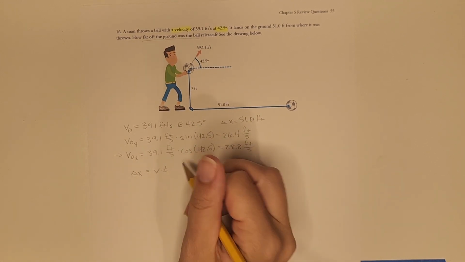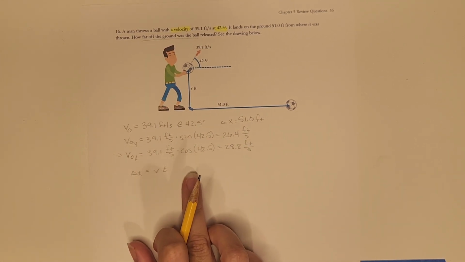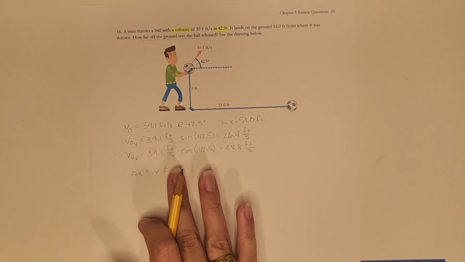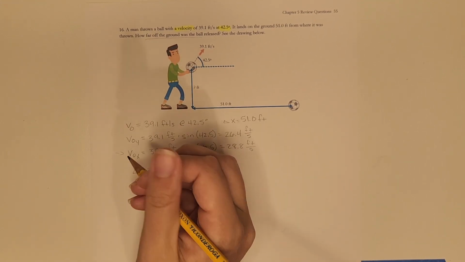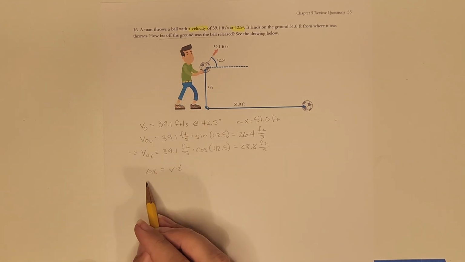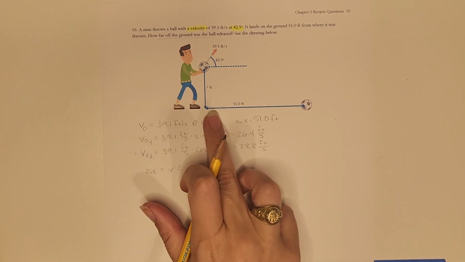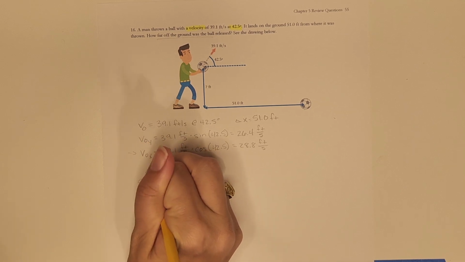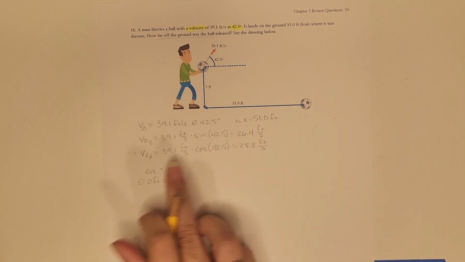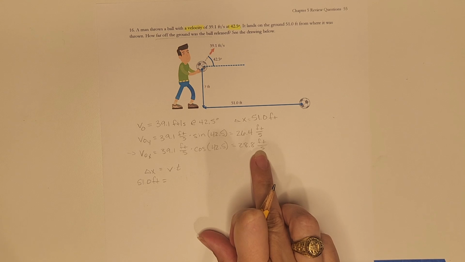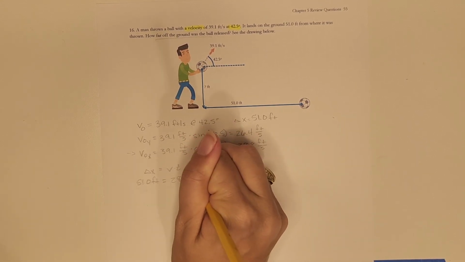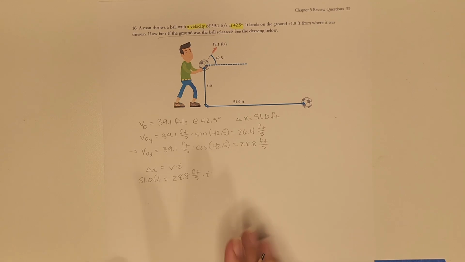Remember that there's technically a plus 1/2 acceleration times time squared here, but acceleration is 0, so we're not going to include that. So my delta x, my displacement from an x standpoint, is 51.0 feet. My velocity for x that I just figured out is 28.8 feet per second, and then I have time.